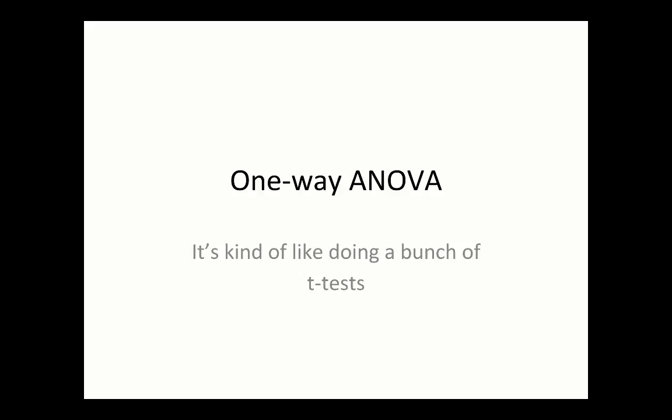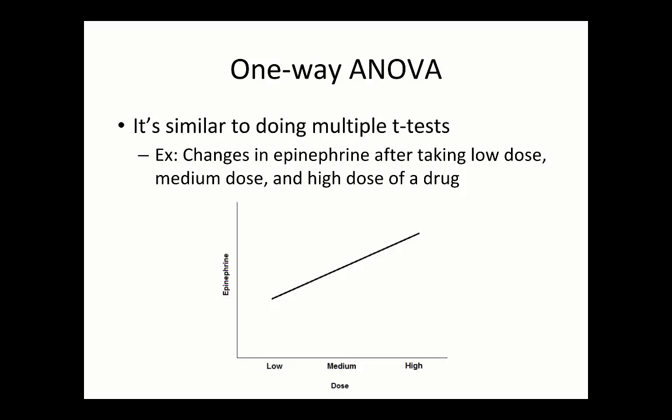Like we stated already, a one-way ANOVA is like doing a bunch of t-tests. A one-way ANOVA, similar to the t-test, compares the means between groups. However, with the one-way ANOVA, you're comparing 3 or more groups. For instance, if we wanted to compare epinephrine levels after 3 distinct groups take either a low, medium, or high dose of a drug, we could use a one-way ANOVA.